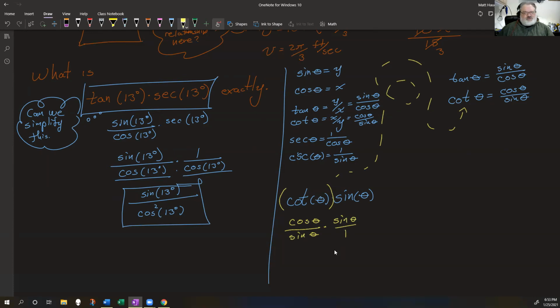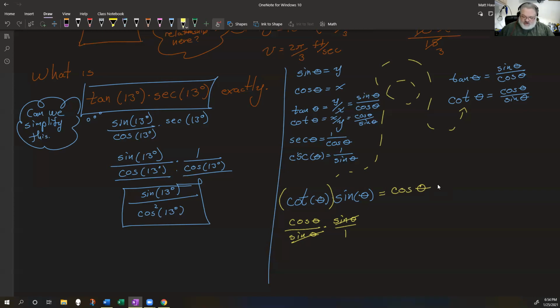What's going to happen to those sines of theta? They're going to cancel out. Absolutely. Making this just equal to the cosine of theta. That's nice, right?